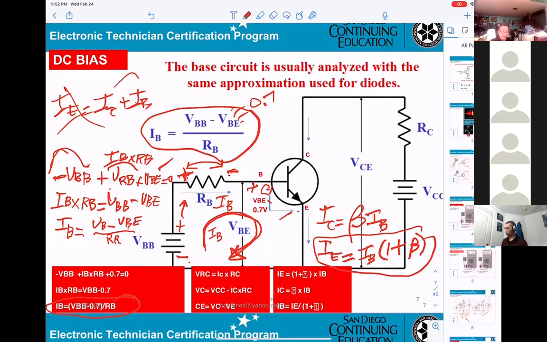Any question regarding the calculation for IB, IC, IE? If not, now I'm going to talk a little more here.